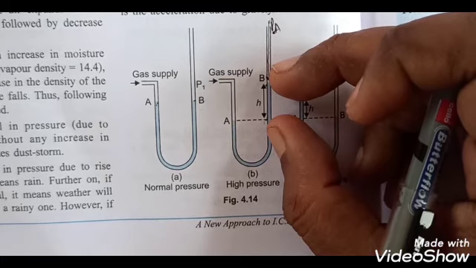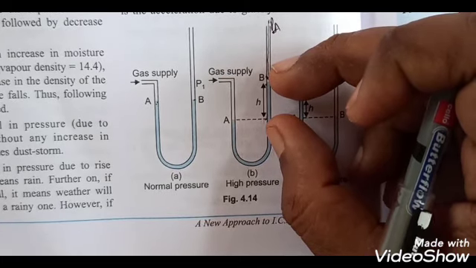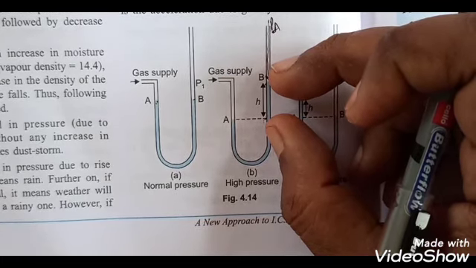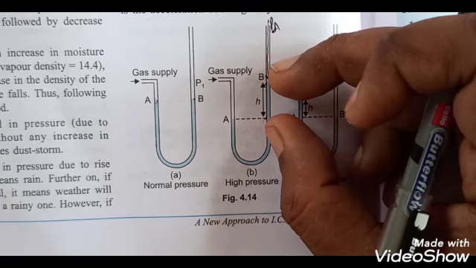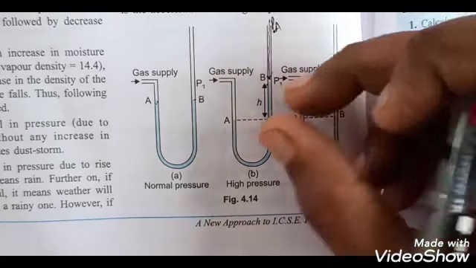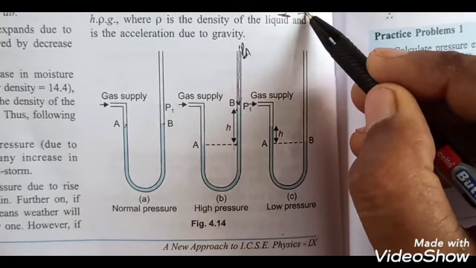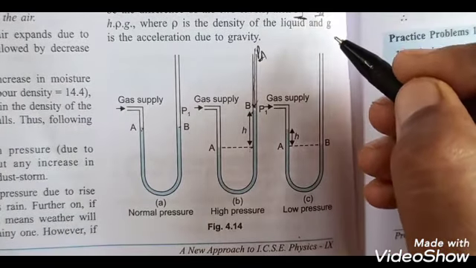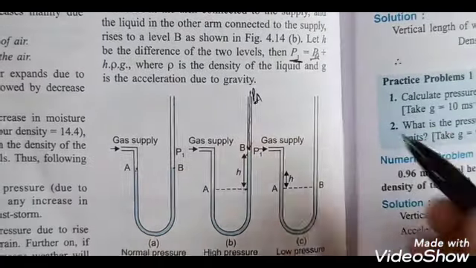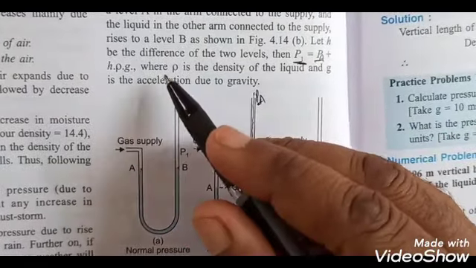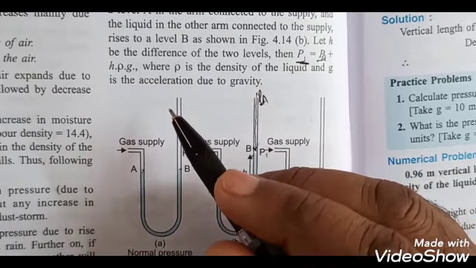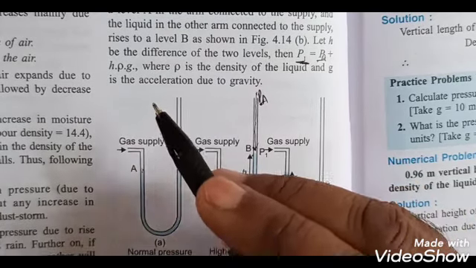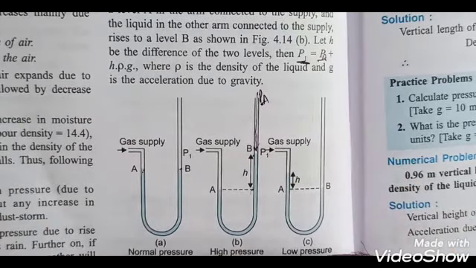So two pressures are acting here: atmospheric pressure plus H rho g. Normally we write atmospheric pressure as PA, plus H rho g. So this will be the pressure of the gas when the gas has more pressure than atmospheric pressure.